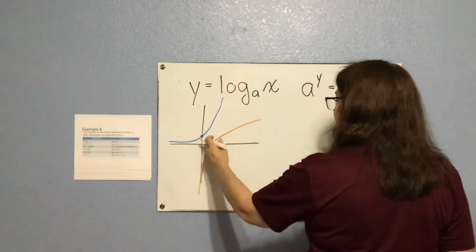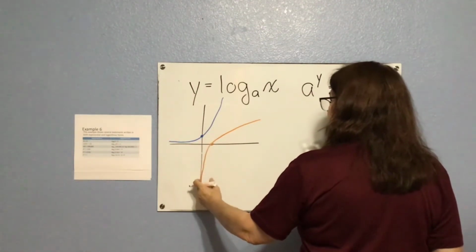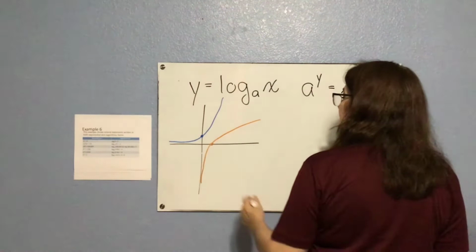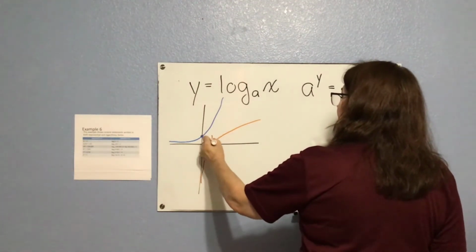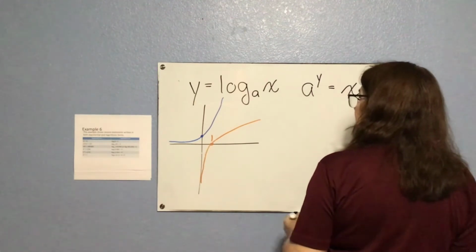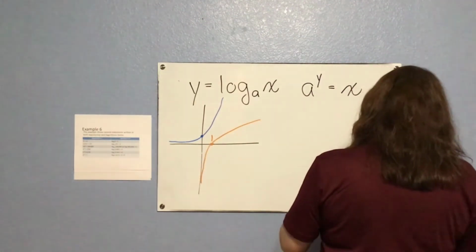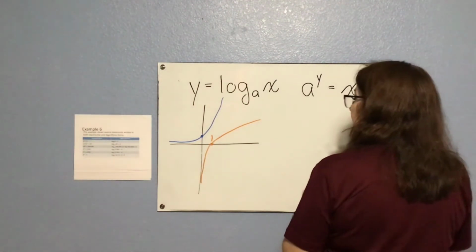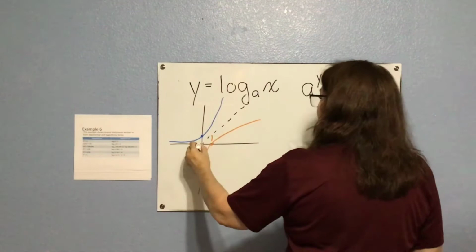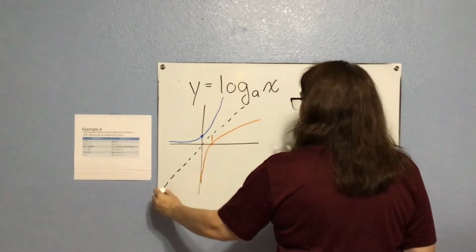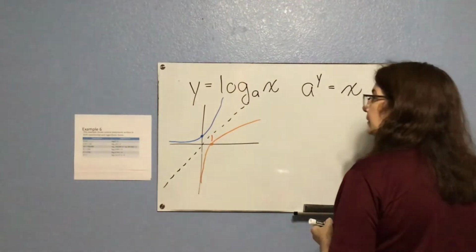And this time, instead of not ever touching the x-axis, this function never touches the y-axis. It also crosses an axis at 1. And so if you could take this whiteboard and fold it up along that line, these two functions would match up.